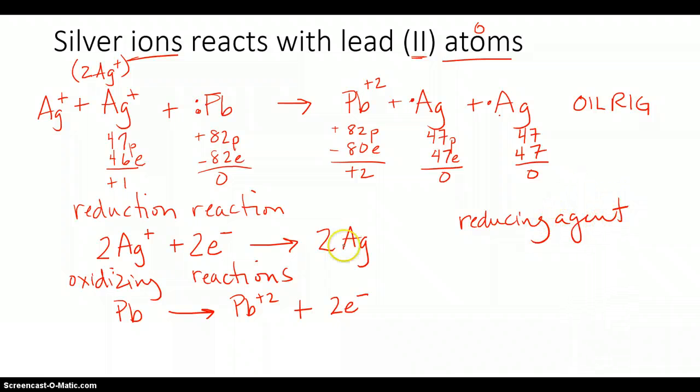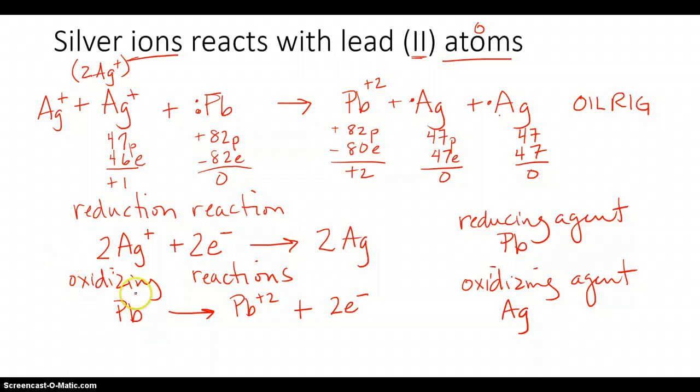The reducing agent is always opposite to the one that has been in the reaction. So in my case, because silver is in the reaction, the thing that reduced it was the lead. That means that the lead gave those electrons away so that silver could take them. The oxidizing agent is going to be silver.